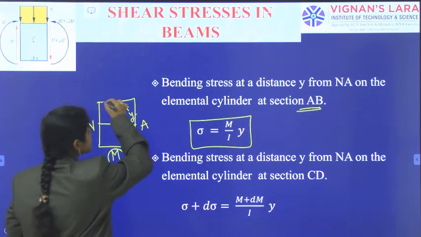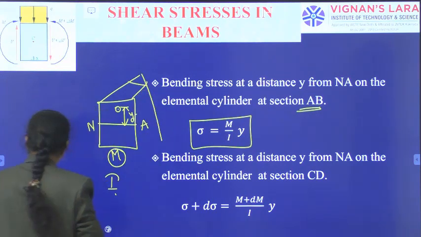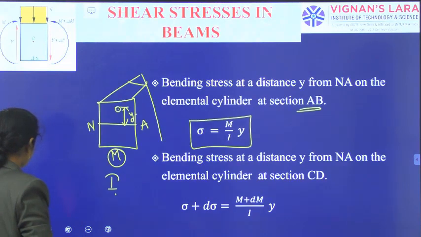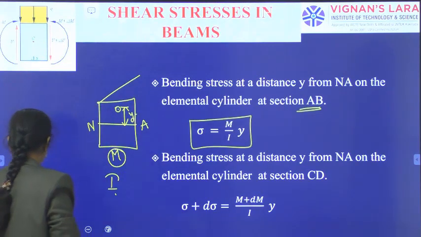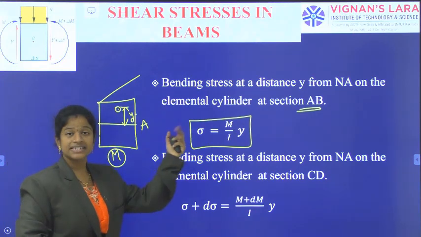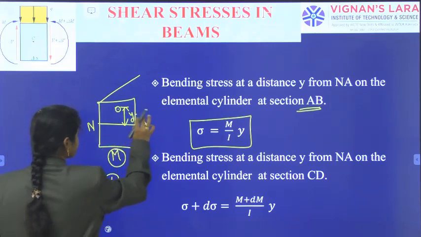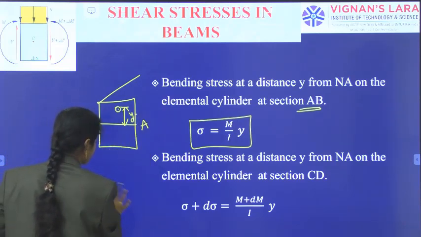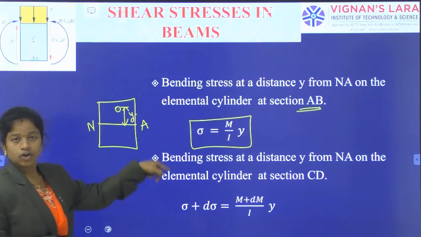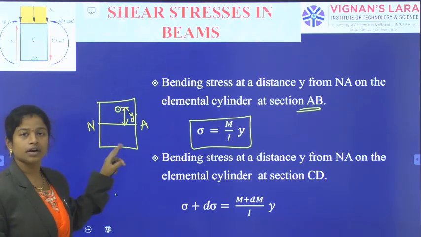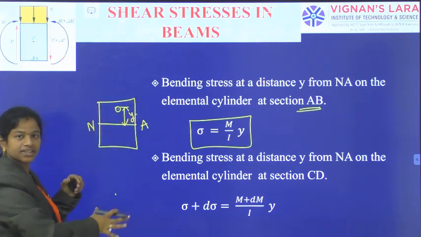Similarly on the section CD. On the other side, another section is also there, right? So on the next section, what is happening when I am observing that section? This is the cross section view of the CD line. Here also the same cylinder is continuing, but this indication is for the CD section.